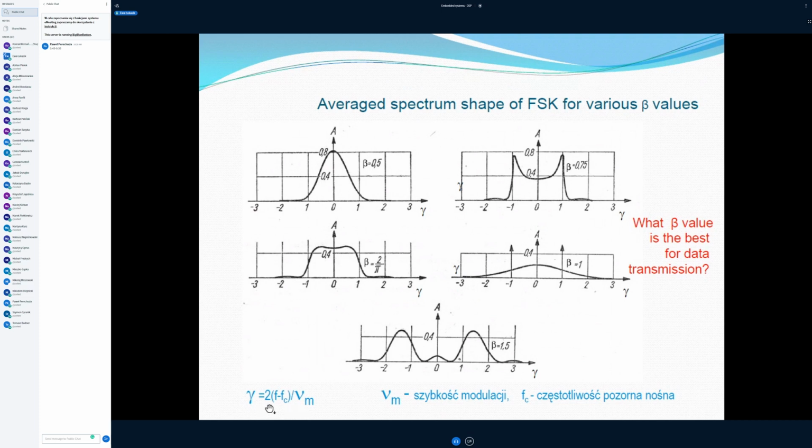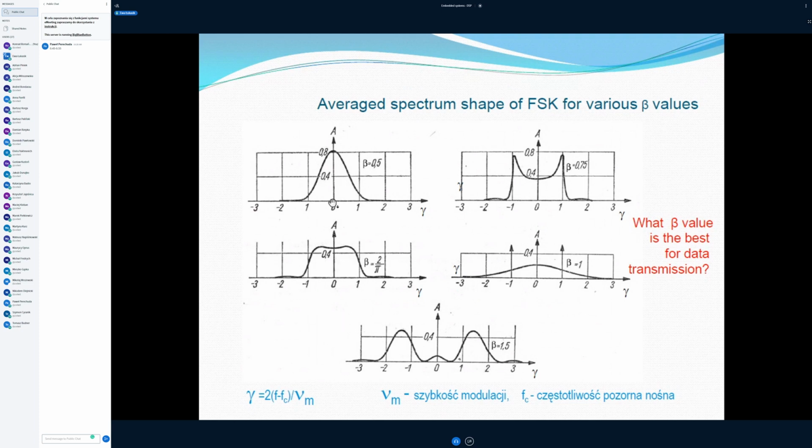So if we have 1, it means that here our spectrum has a very, very small value, and most energy is in this place.